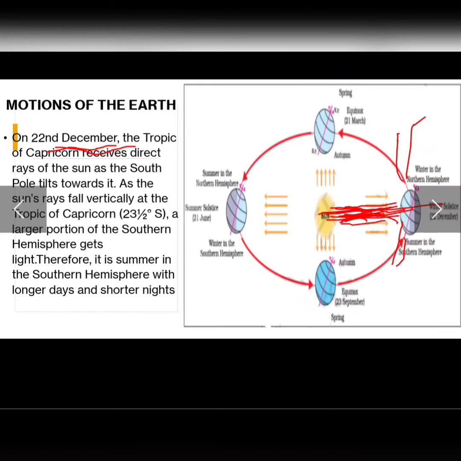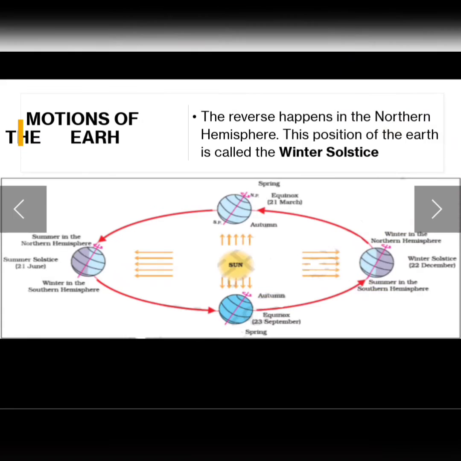So now the southern hemisphere will be experiencing summers, and the northern hemisphere will be experiencing winters. Okay, and this position of the earth is called winter solstice. Summer solstice was the one in which there were summers in the northern hemisphere. Now winter solstice is the position of the earth in which the northern hemisphere is experiencing winter.